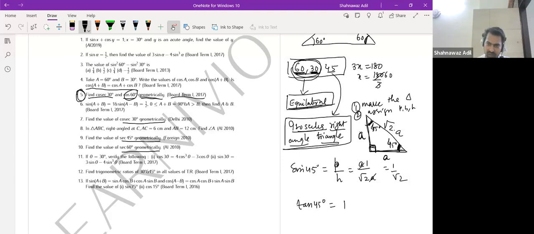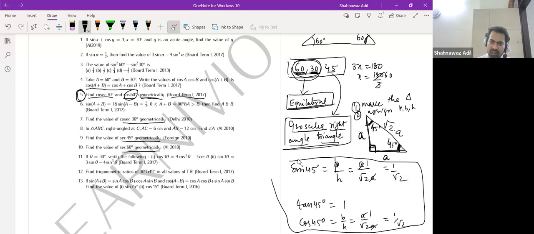We can also calculate cos 45, which is B by H, A by root 2A, so again 1 by root 2. So we can calculate any ratio of 45-degree using this triangle. I have made a mess of this triangle, but this is the trick for 45-degree. Understood?